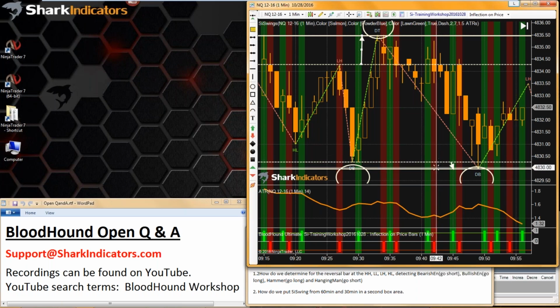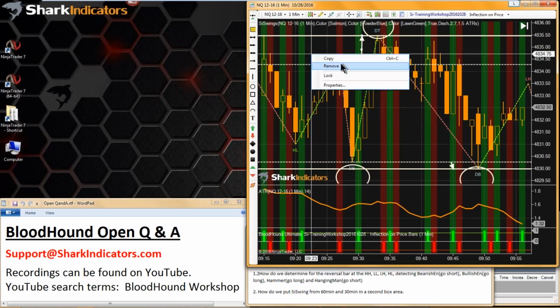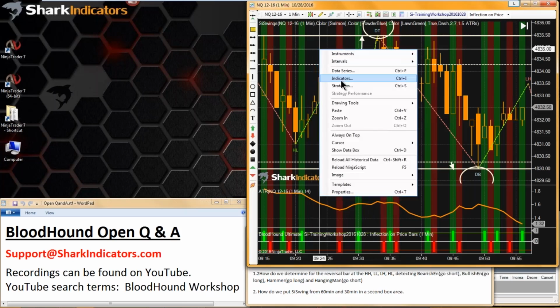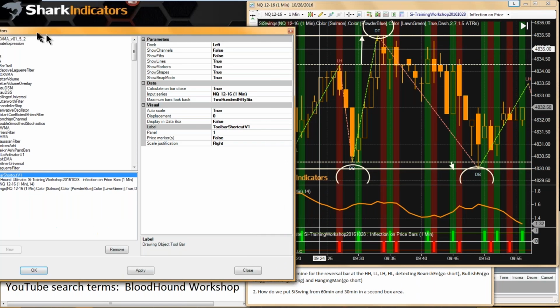And so the threshold for the maximum distance to qualify as a double top or double bottom, that's what can be adjusted. So let's pull up our settings again.